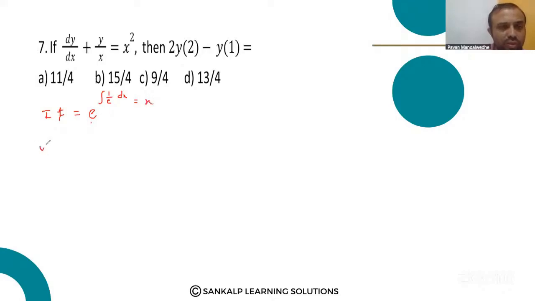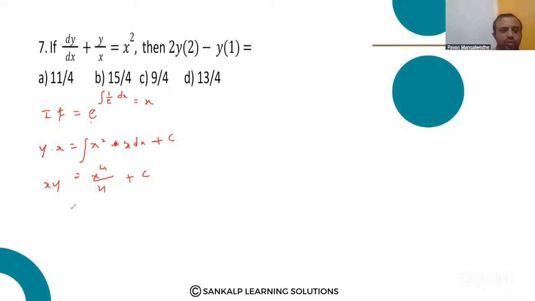So the general solution for this is y into x is the integral of x square into x dx plus c, which is x into y equals x raised to 4 by 4 plus c.